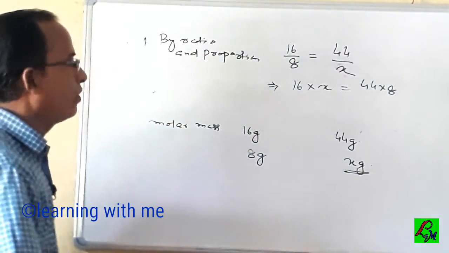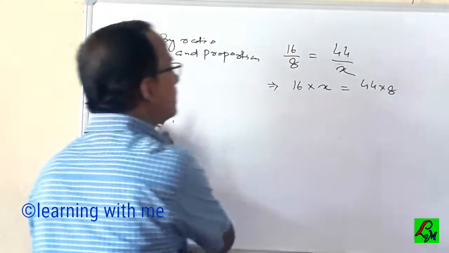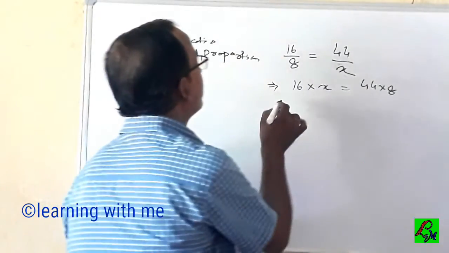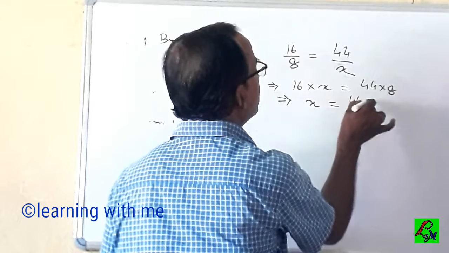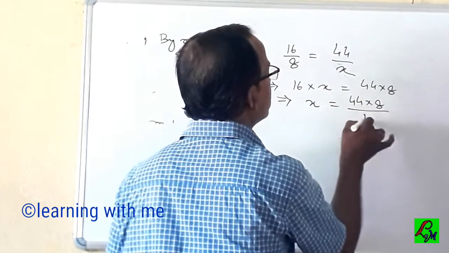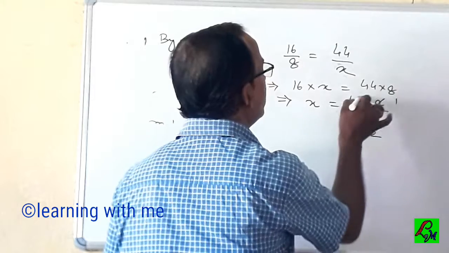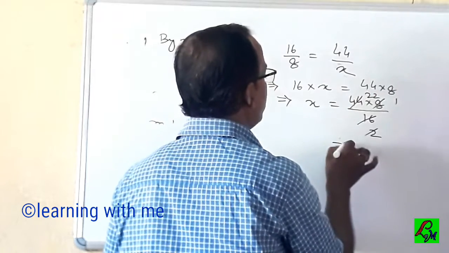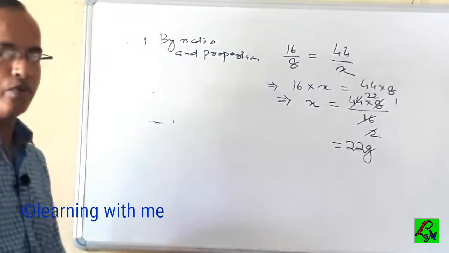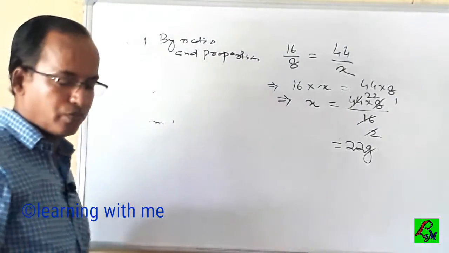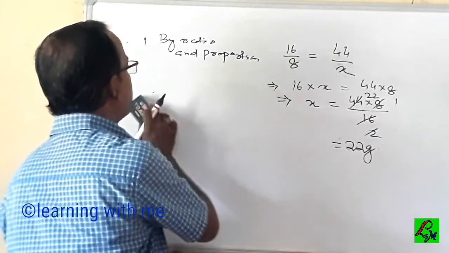So x equals 44 into 8 divided by 16. 8 ones are 8, 8 twos are 16, then 2, it is 22. So it will produce 22 gram of carbon dioxide gas.